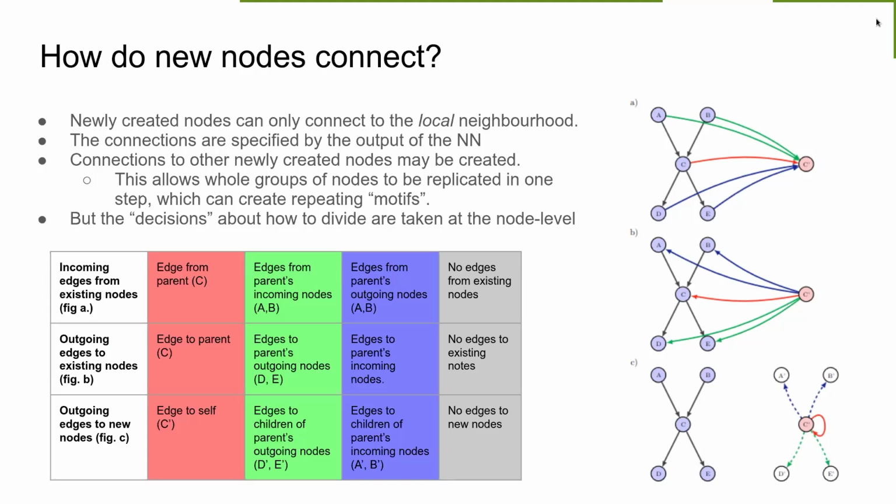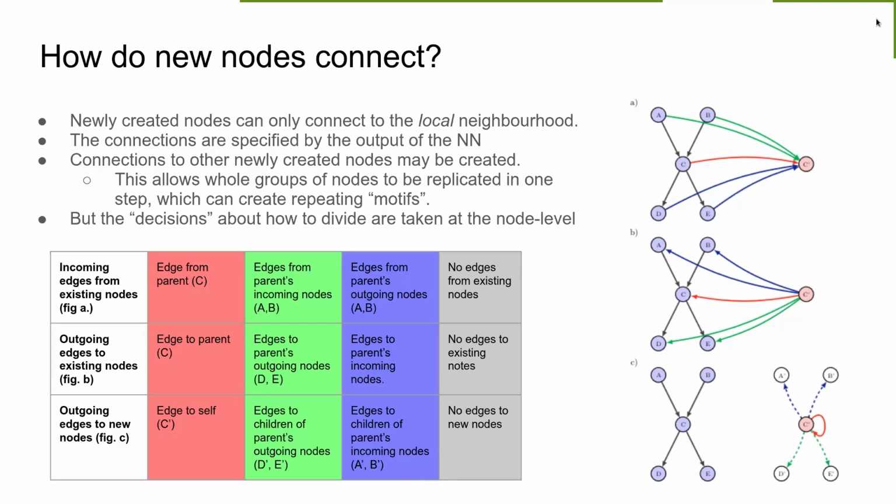If your original network is the five blue nodes, and node C in the middle is dividing, it can have edges from its parent, node C, and from its parent's neighbors. It can also have edges to its parent and to its parent's neighbors, and importantly, it can also have edges to other nodes which have been created in the same time step.